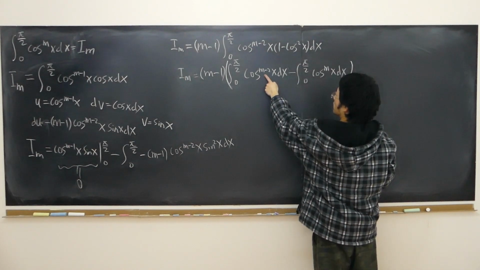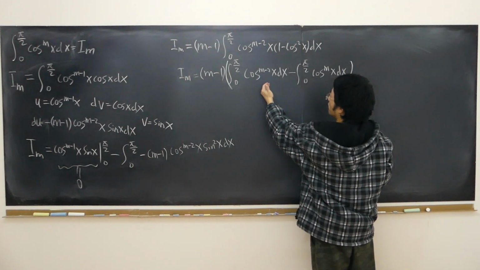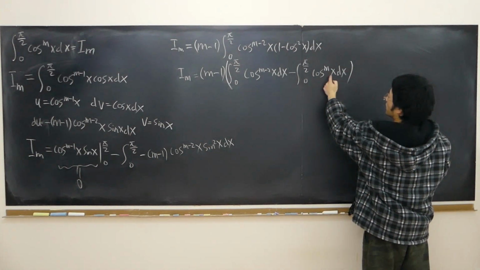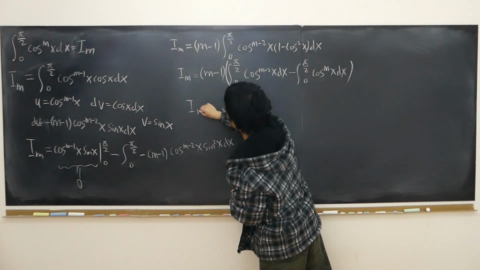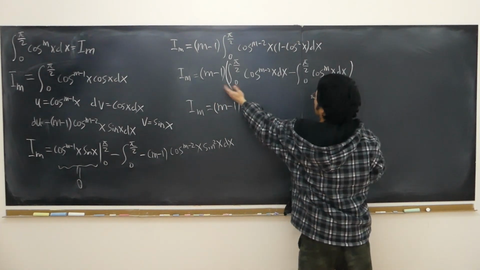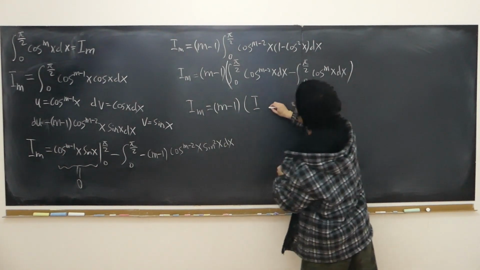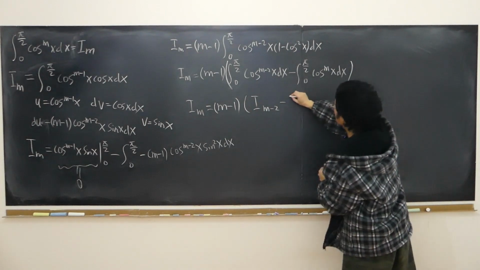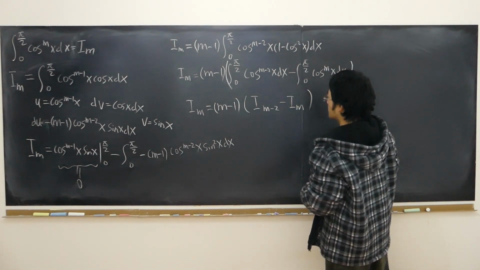Since the power is m minus 2 here, everything else is the same, so this is actually I sub m minus 2. This is to the power of m, therefore this is I sub m. So I sub m is equal to m minus 1 times, this one is bracket I sub m minus 2, this one is minus I sub m bracket.